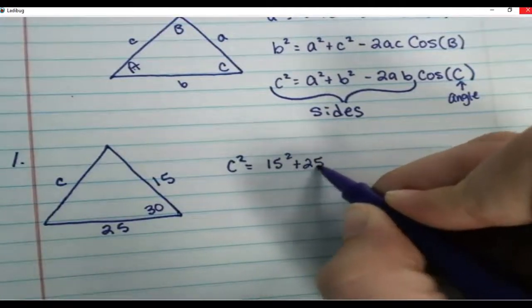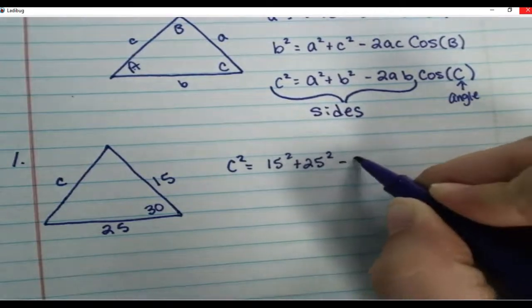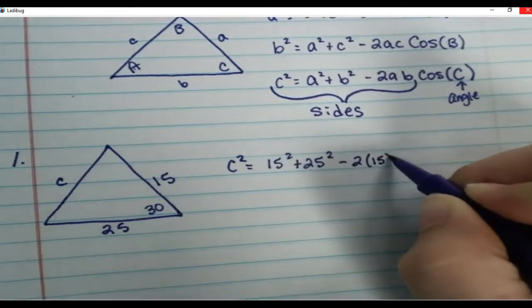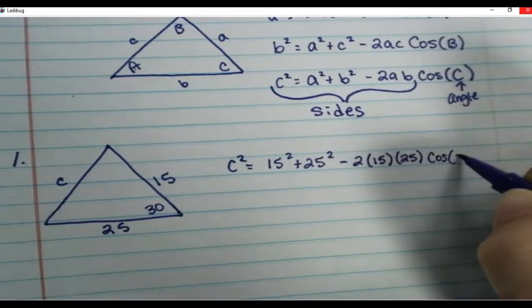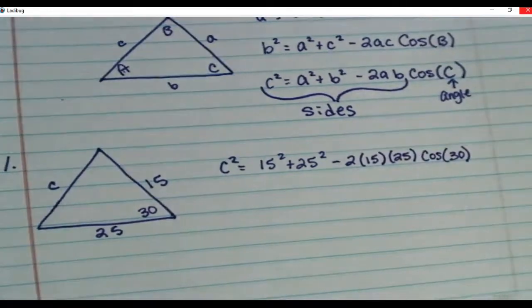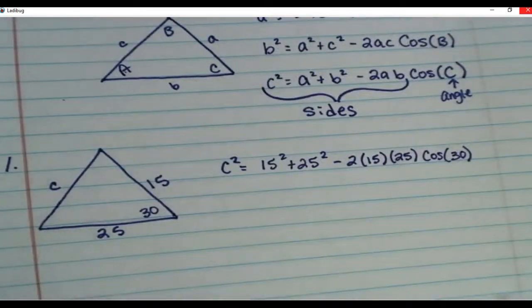Those are interchangeable. And so you plug it in. Everywhere we had an a, we put 15. Everywhere we had a b, we put 25. And then we started with side c, so we end with angle C, which was 30. Any questions plugging it in?